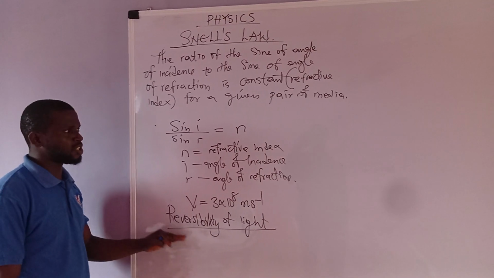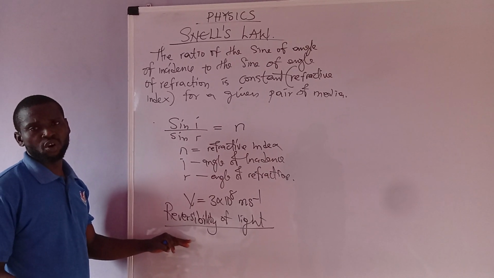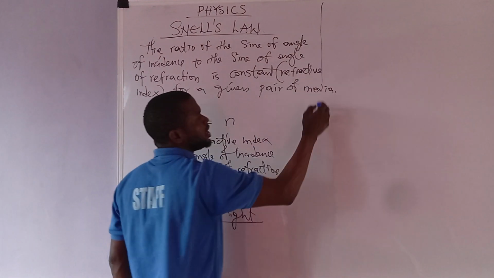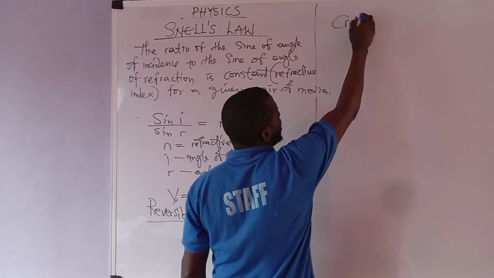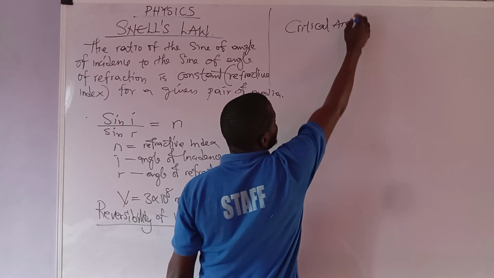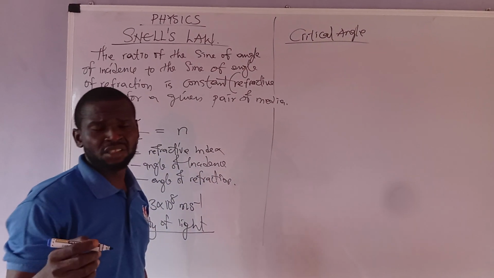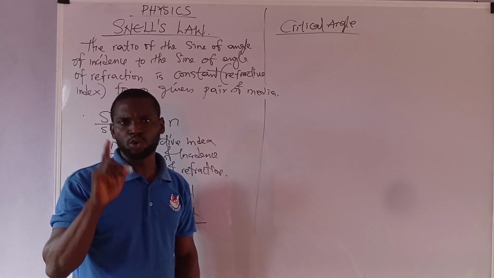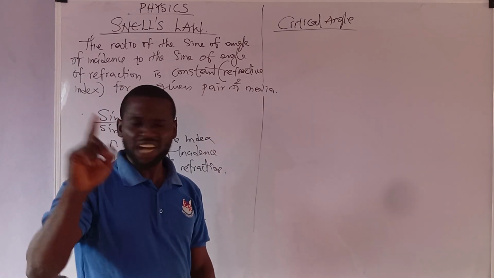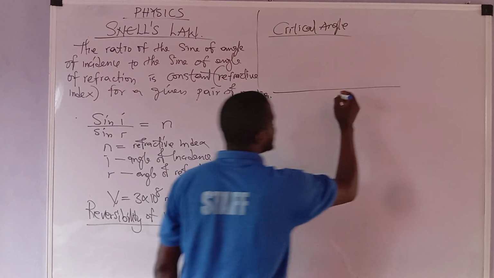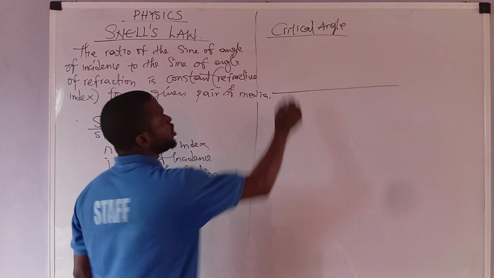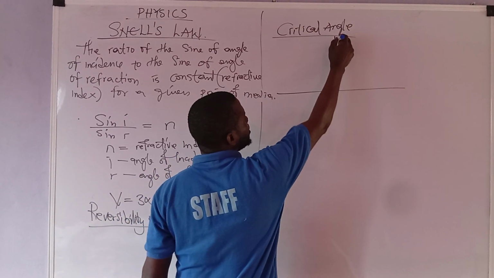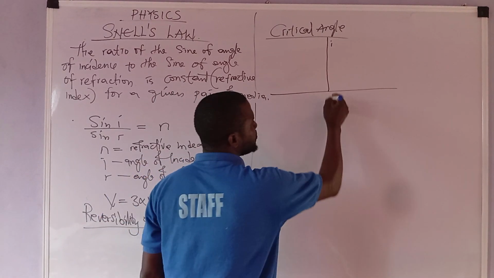That is what we call the reversibility of light. And this also gives birth to what we call the critical angle in light. It is called critical angle because at 90 degrees, there is a specific angle of refraction.